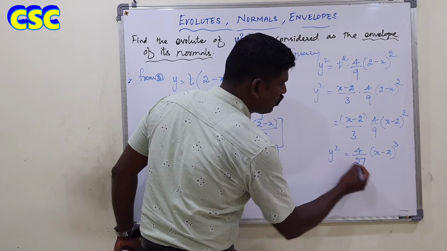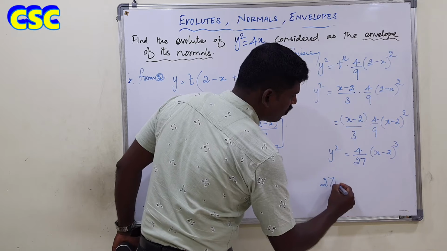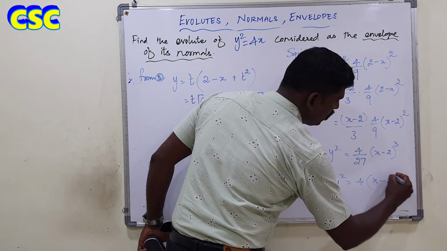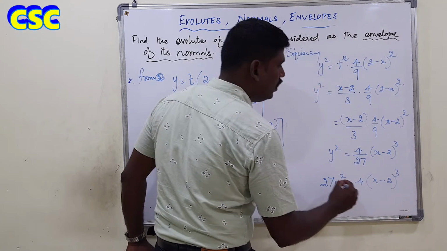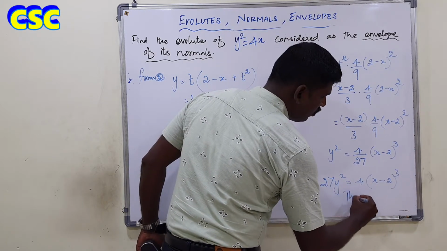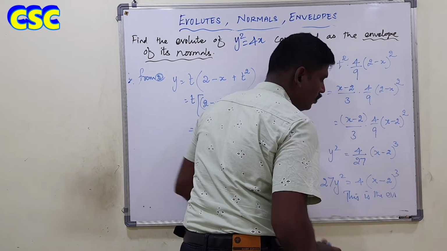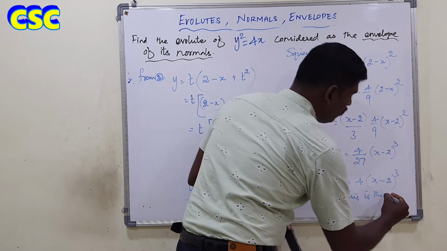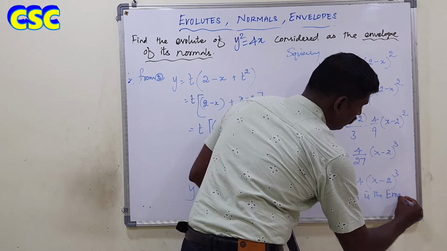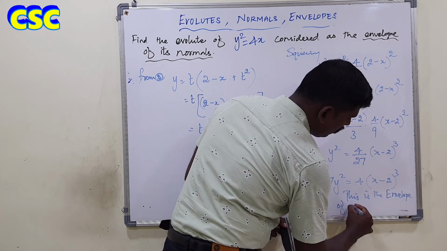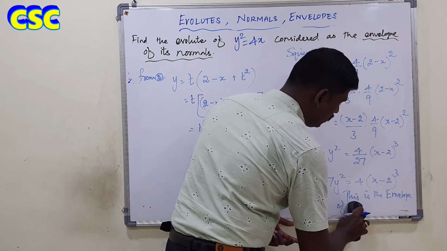Now I am taking this 27 into left hand side. So 27 y square is equal to 4 into (x minus 2) the whole cube. So this is the envelope of normals, family of normals, isn't it?